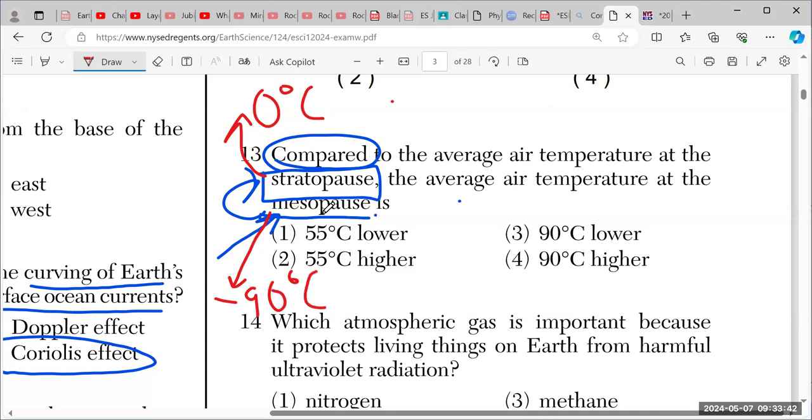So, what is the average air temperature at the mesopause compared to the stratopause? If the mesopause is negative 90 degrees Celsius, then that means it's going to be 90 degrees Celsius lower than the stratopause, because it's negative.